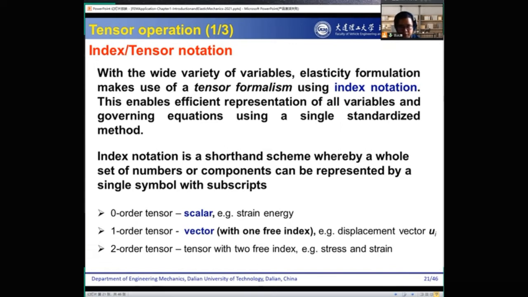It's a one-order tensor with one free index. The second-order tensor is a tensor with two free indices, for example the stress and the strain. So the scalar has zero free indices, the vector has one free index, and the second-order tensor has two free indices.